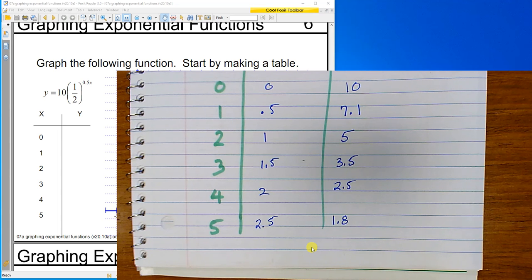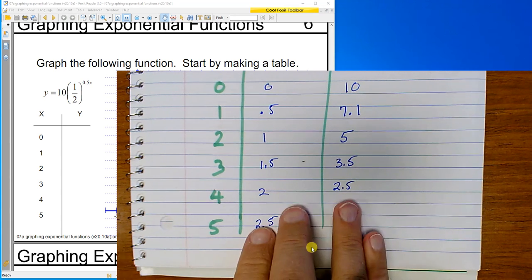Now I have a table of values. Now I'm going to plot this table of values.